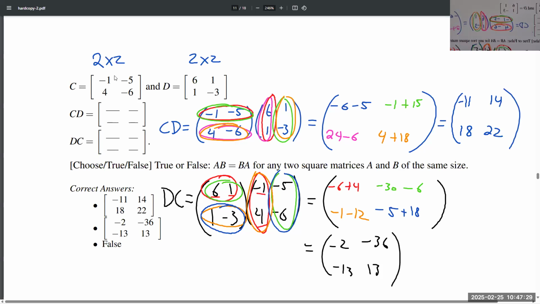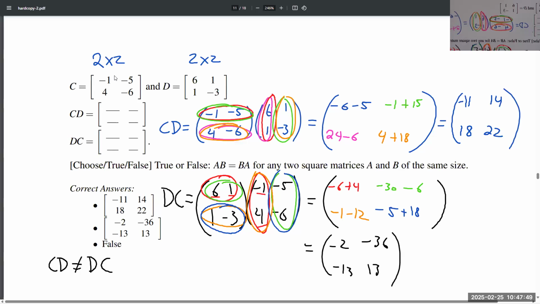So multiplying in 2 dimensions is not the same as multiplying in 1 dimension. Order matters. CD is not the same as DC.